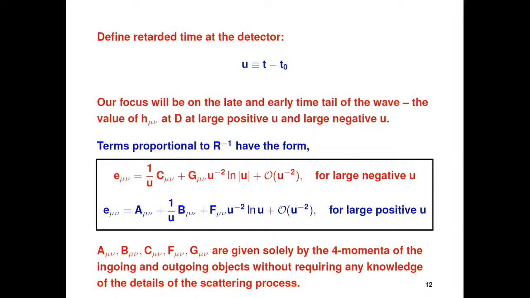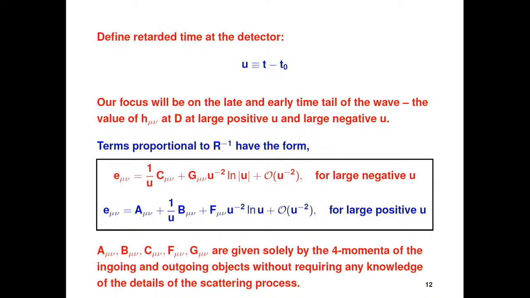So this is the first result. But the more interesting part of the result is that these coefficients that you see are given solely by the 4 momenta of the ingoing and outgoing objects without requiring any knowledge of the details of the scattering process. So in other words, imagine that you have a set of objects coming in, colliding and going out.